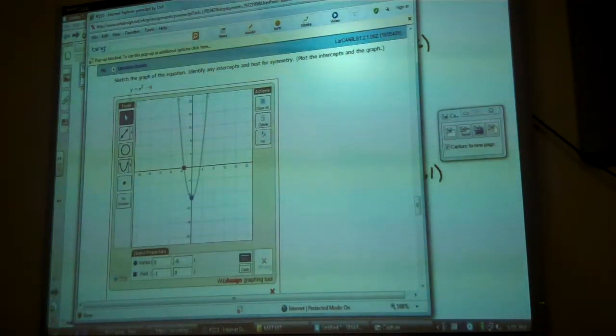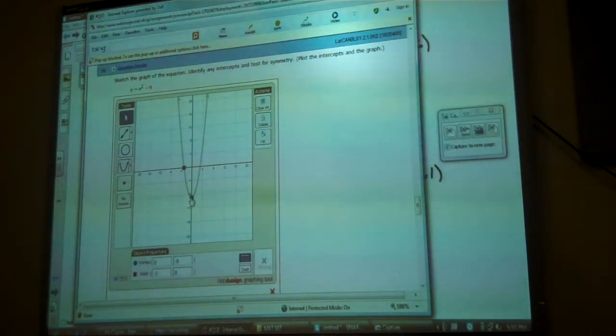So x squared minus 9. Technically, we can do what we did for our last section. This is a parabola shifted down 9 units. The vertex would be at the origin, but it's moved down to -9.